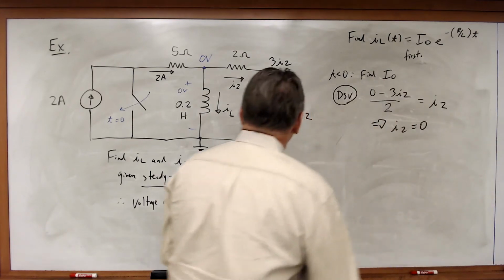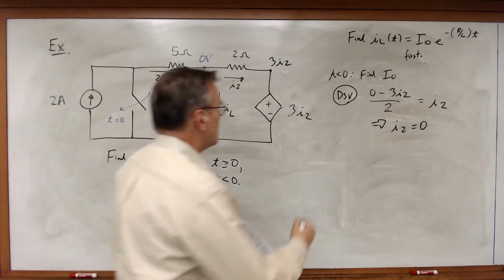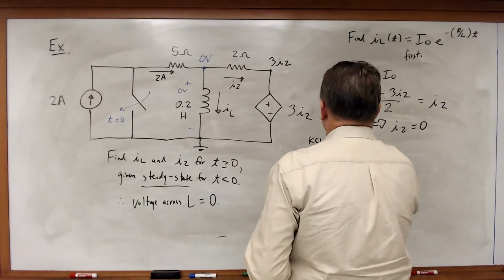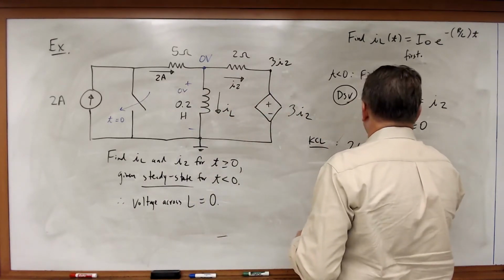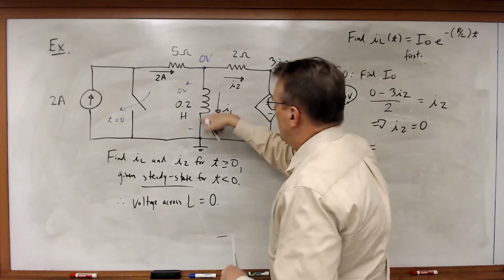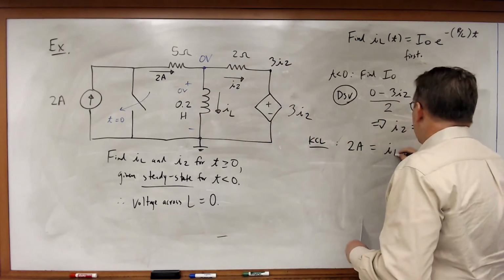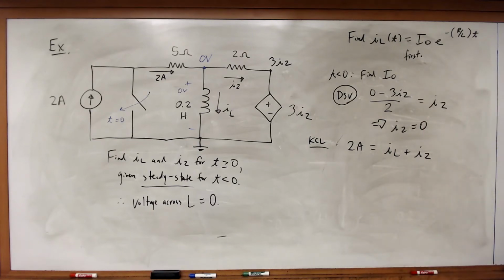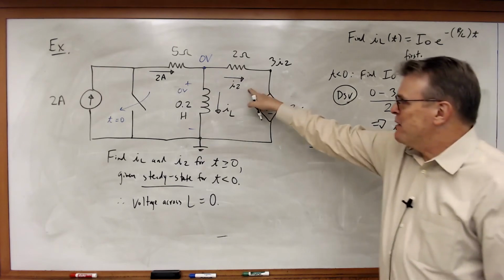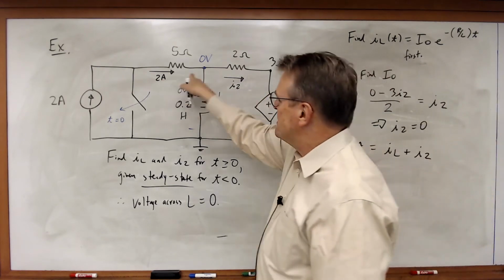All right? Now I'm going to write my KCL equation at this node. 2 amps is equal to IL plus I2, except I2 is equal to 0. I already know that. If that current's equal to 0, I've got 2 amps entering this.